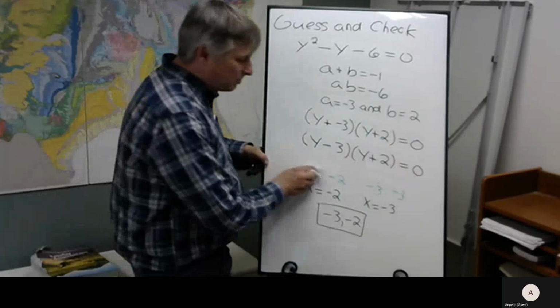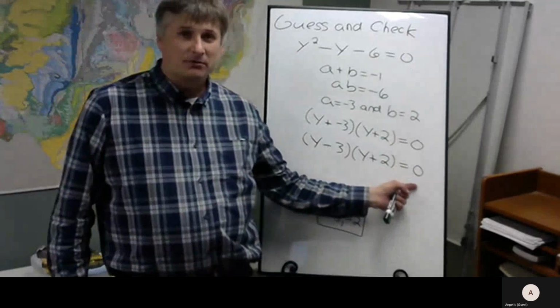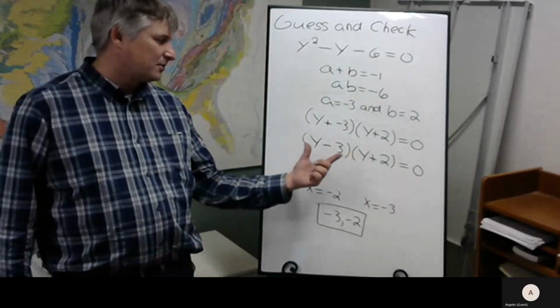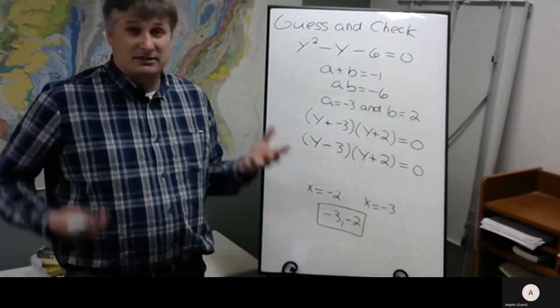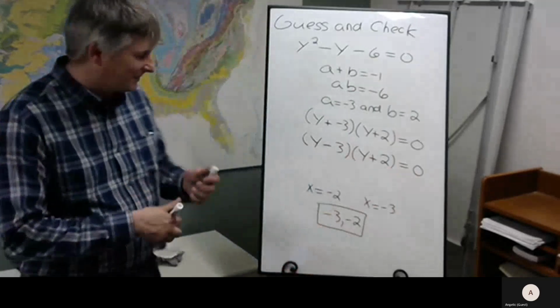So now we use the zero product principle. If this equation is equal to 0 and we're multiplying two things, then this has to be equal to 0 or this has to be equal to 0. Something has to be 0 for the whole equation to be 0.